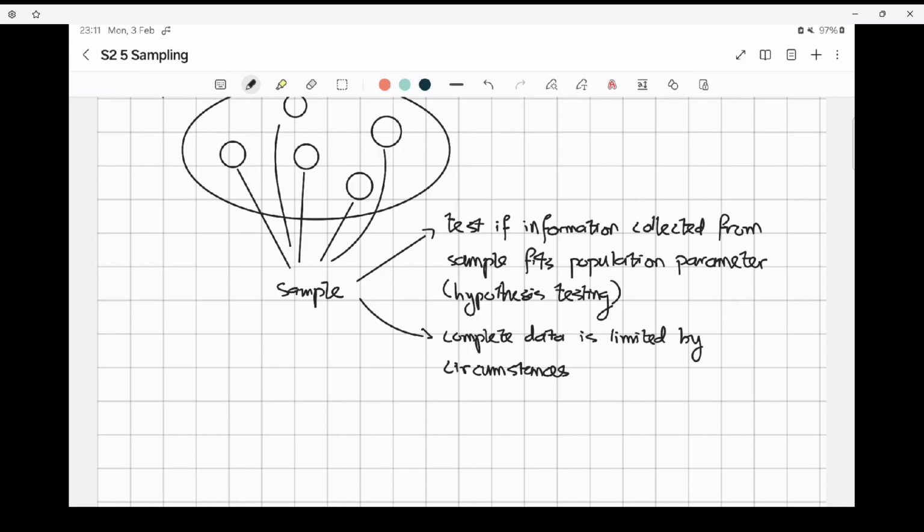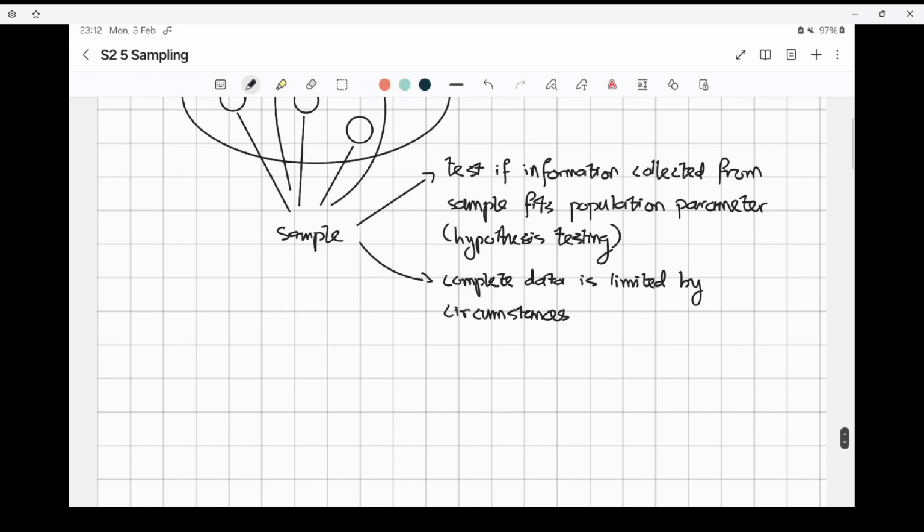So you will take random samples and then try to deduce whether those samples fulfill your population data, which is usually the mean and the standard deviation or the variance. So that's why we want to take samples.